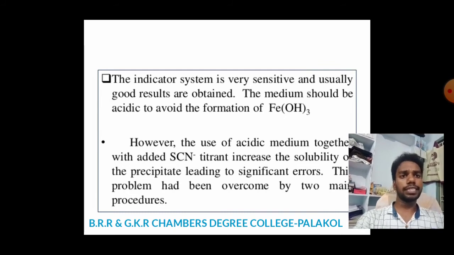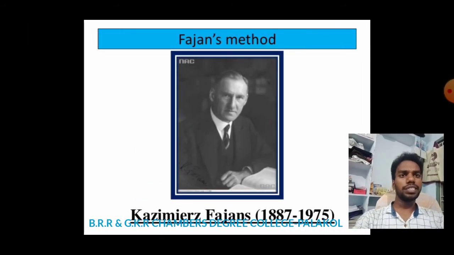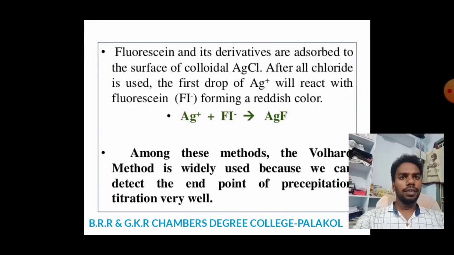So this is about Volhard's method. And the next method, Fajans' method, where you use fluorescein and its derivatives, which are adsorbed to the surface of colloidal AgCl. After all chlorides are used, the first drop of Ag+ will react with the fluorescein, forming a reddish color.